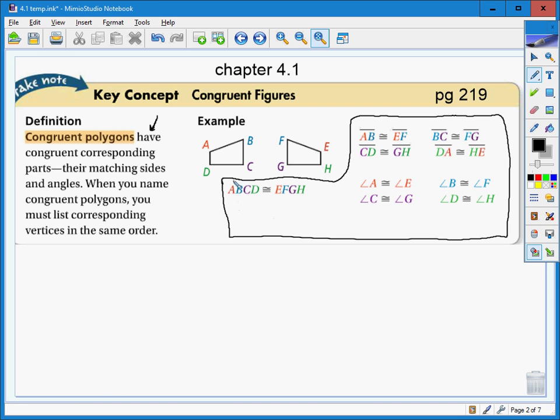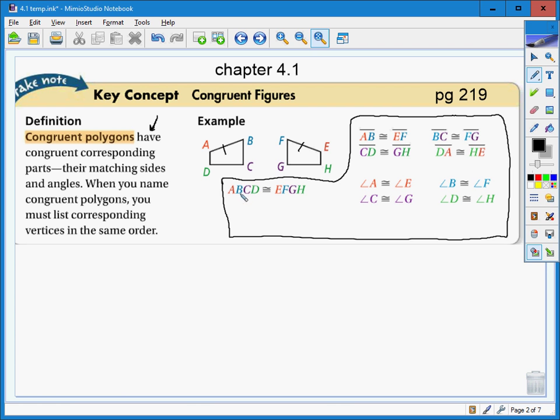So, segment AB had to be congruent to EF. Notice AB were the first two, EF was the first two. Does everybody see that? So they're saying AB is lined up with EF in the picture.